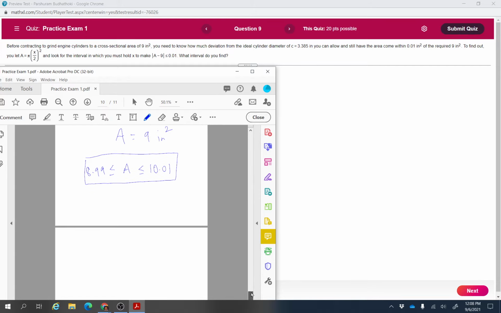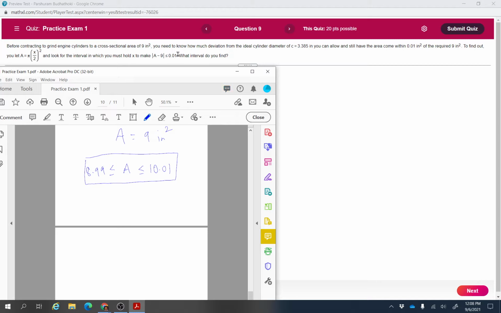This is actually the very same problem we did before. It's an epsilon delta problem. We start with the given condition, absolute value of A minus 9 is less than or equal to 0.01, and eventually we want x minus c is less than or equal to something. Eventually we want the range of x.